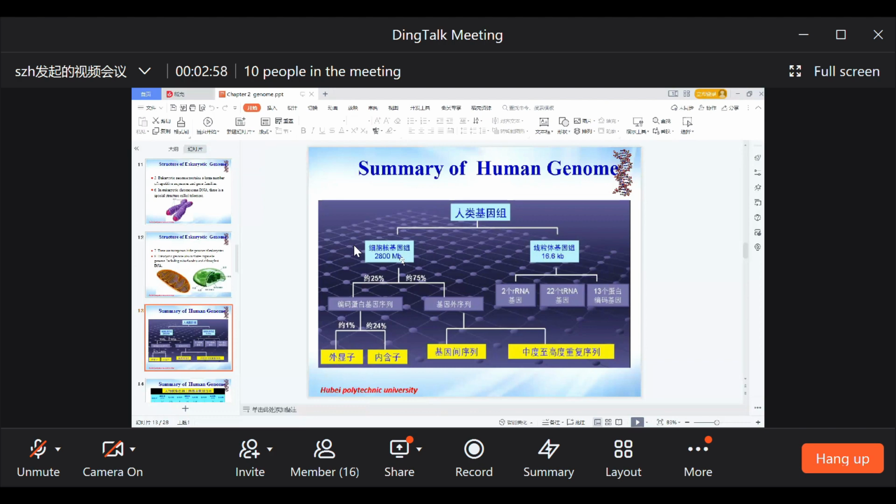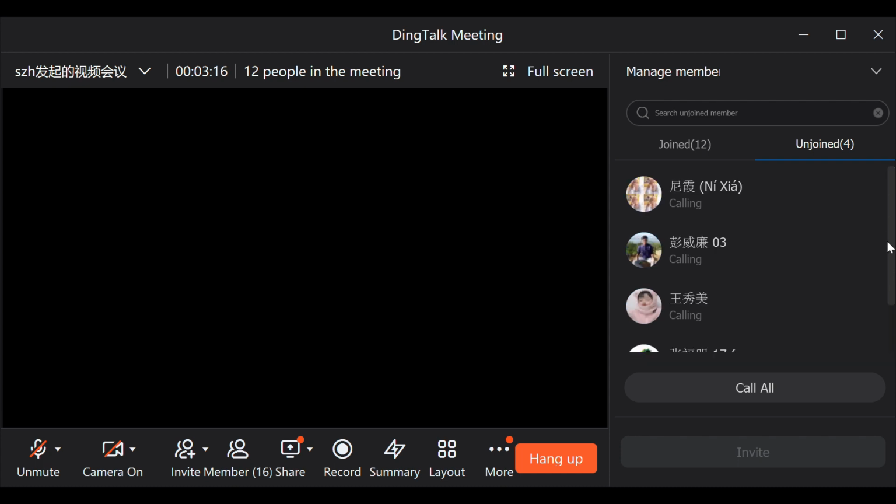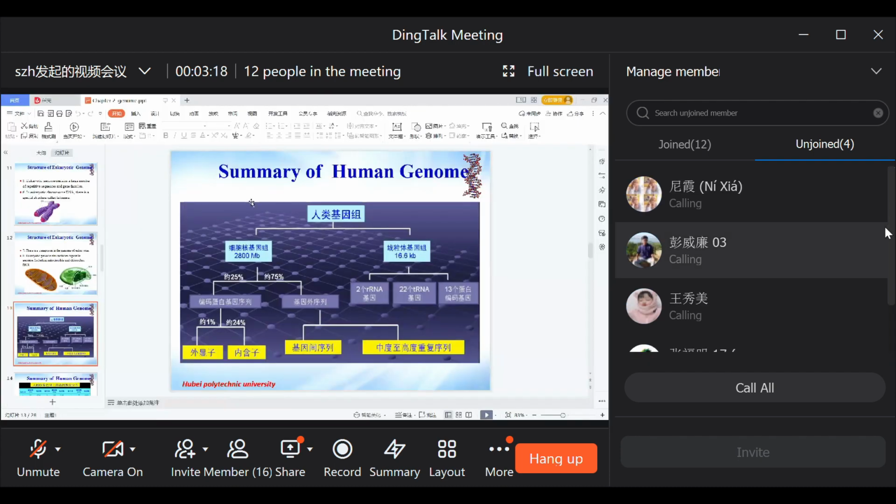Here you should pay attention: the mitochondrial DNA molecule is smaller compared with the chromosomal DNA. It codes only 37 genes, including 13 coding for proteins. All of these proteins are components of oxidative phosphorylation.